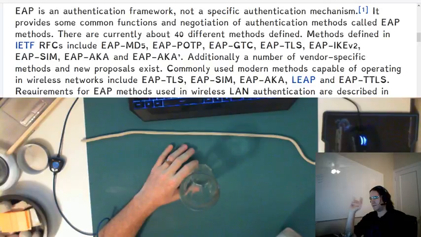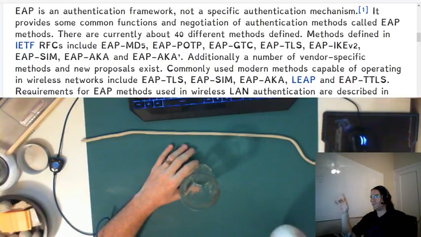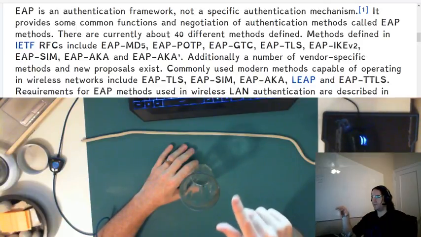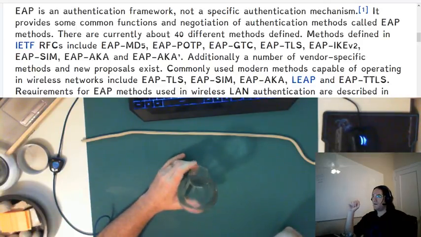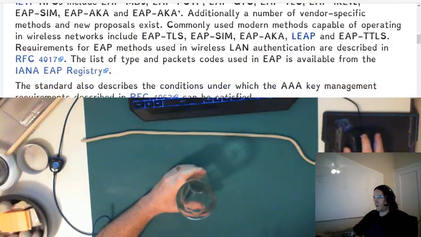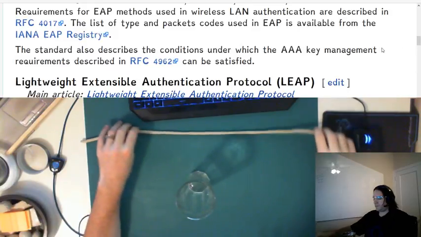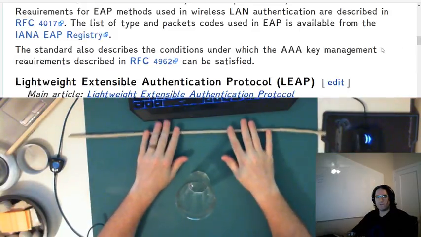Okay, so all those can operate within a wireless network. I don't need to remember that yet. I'll hopefully remember later on.